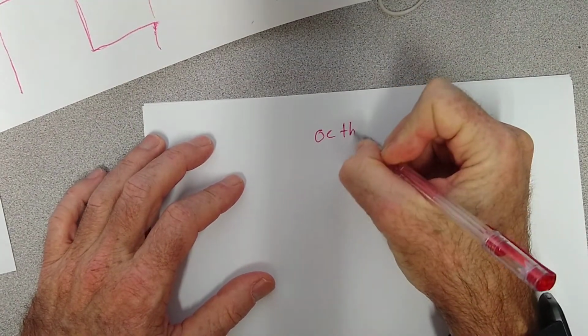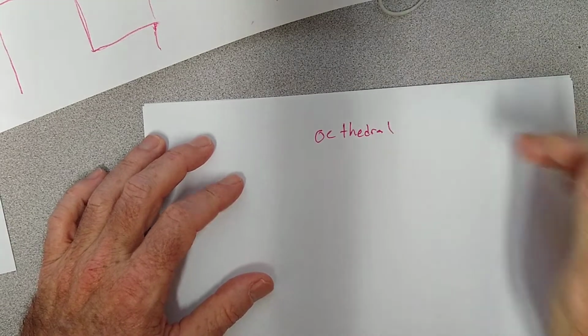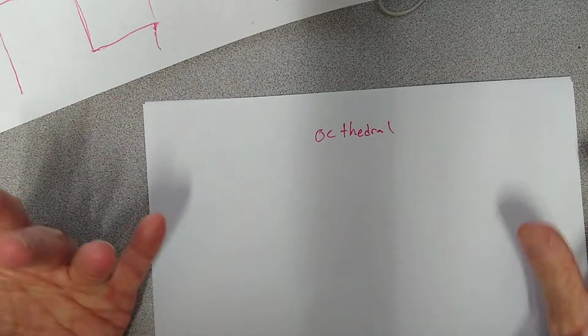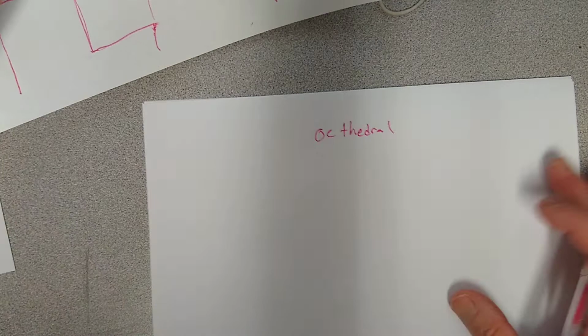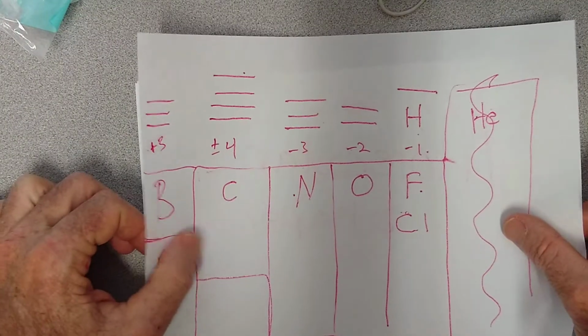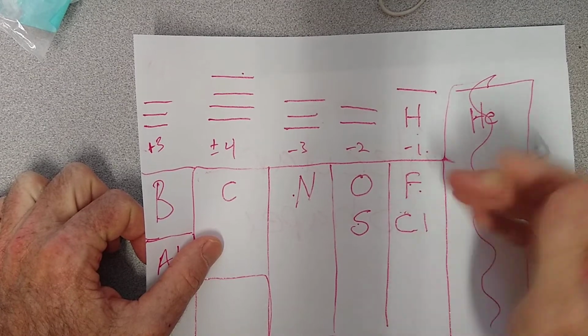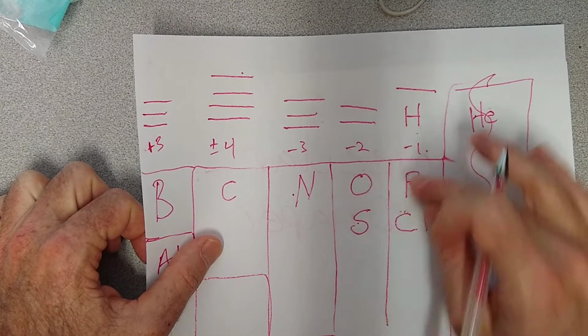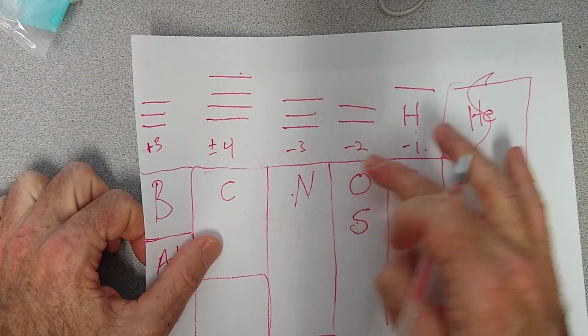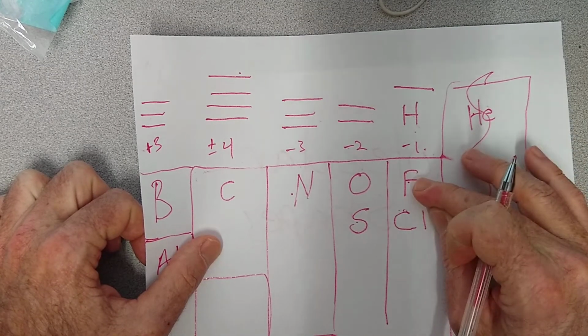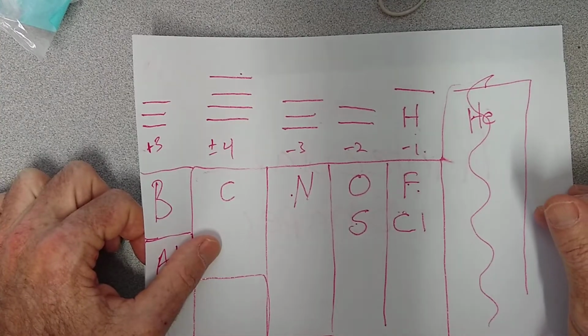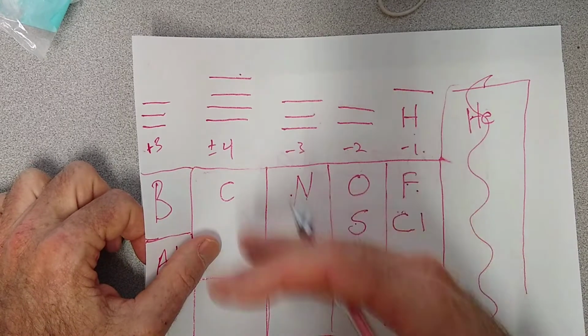Now the last shape that you would need to know would be octahedral. Okay, and that means it has 8 sides. Now to end up with 8 sides, you don't have 8 valence electrons. And one that I like to draw when I'm drawing octahedral shapes is SF6. And you may say to yourself, well, this doesn't add up. How can it have 6 fluorines? Well, that's not how covalent bonding works. We don't cancel them out. They're not neutral.